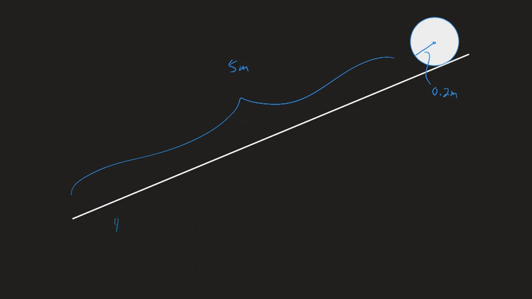It takes 4 seconds to get to the bottom. How many rotations does the ball make? And what's its linear speed at the bottom? What's its angular speed at the bottom?